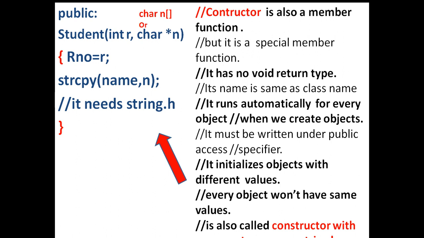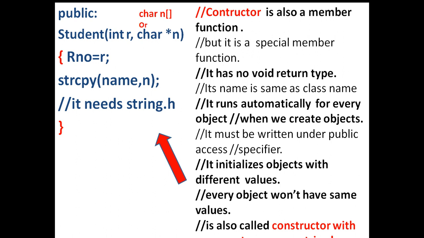We cannot write name equal to n, because if we want to store string type data into a character array, we use the string copy function. For this, we need the string.h library. So this is a parameterized constructor.